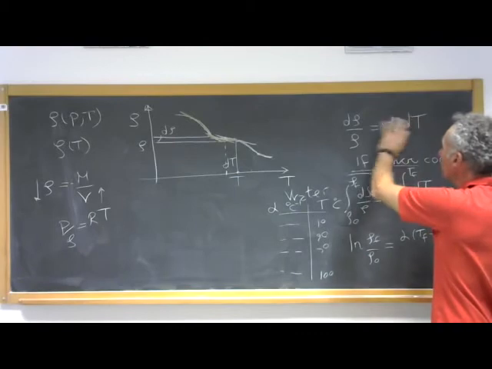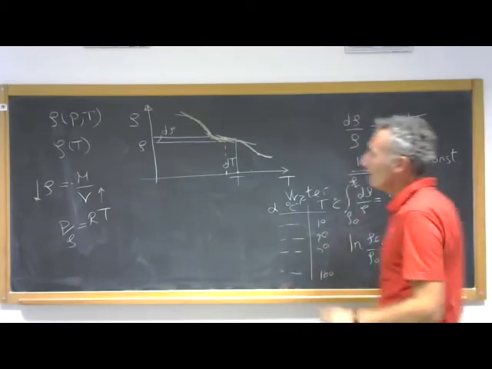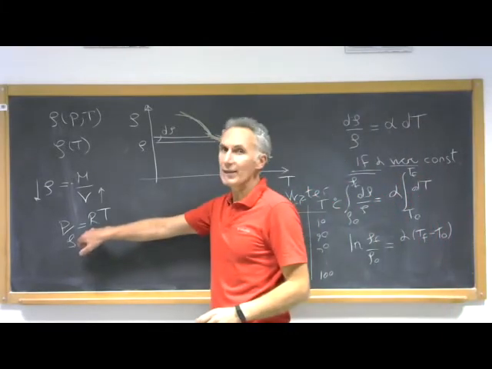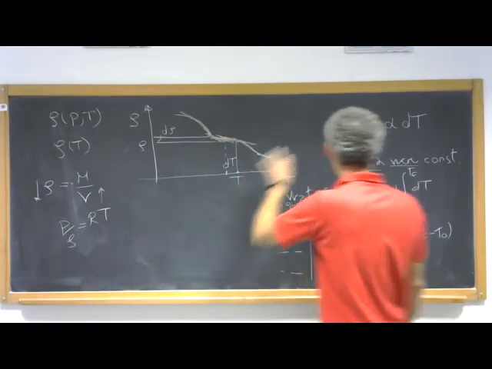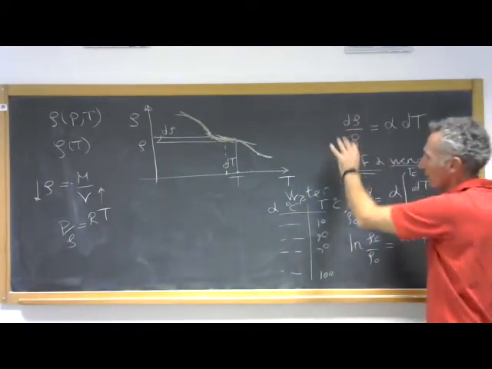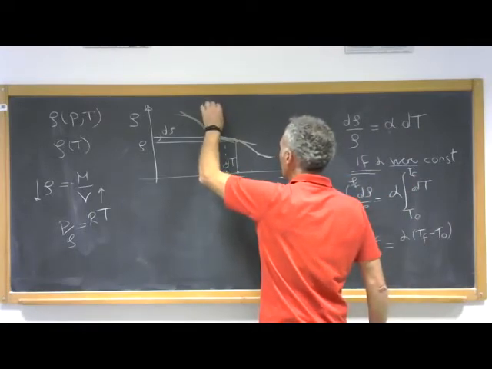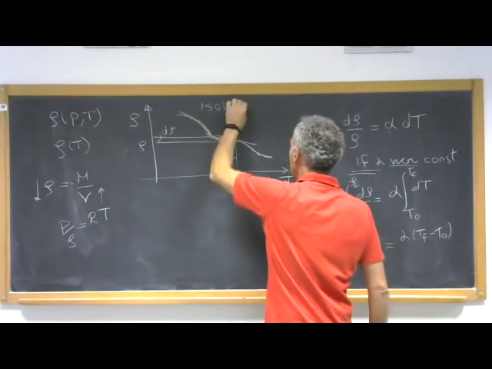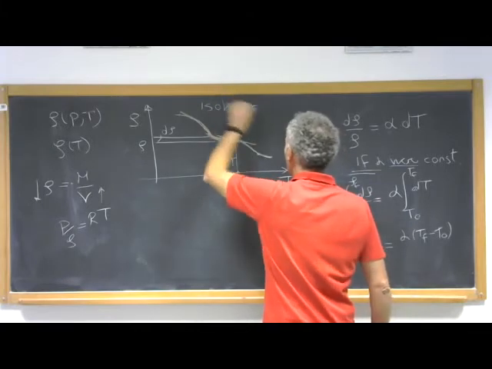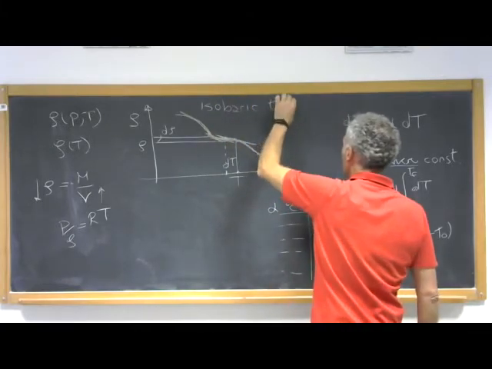So what we could do is to try to manipulate the equation of state in such a way to recover this expression. Now keep in mind that we are talking about the isobaric thermal expansion coefficient.